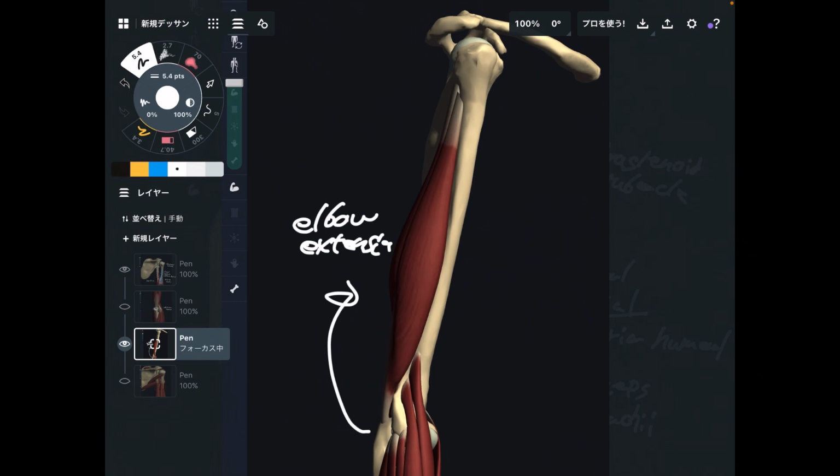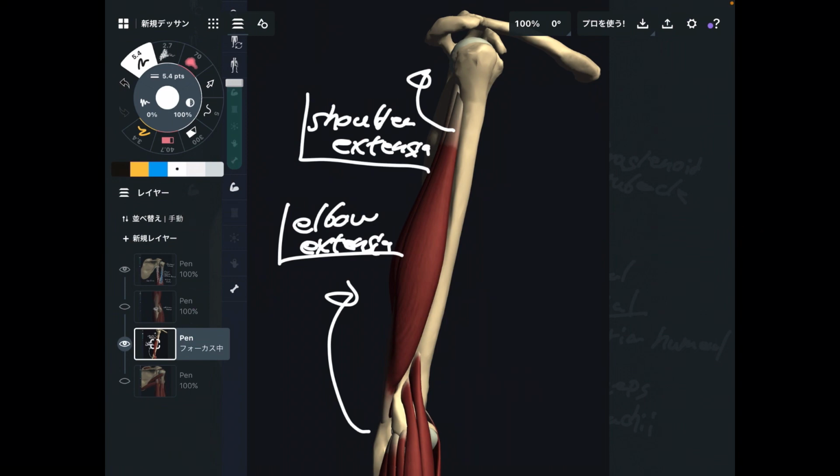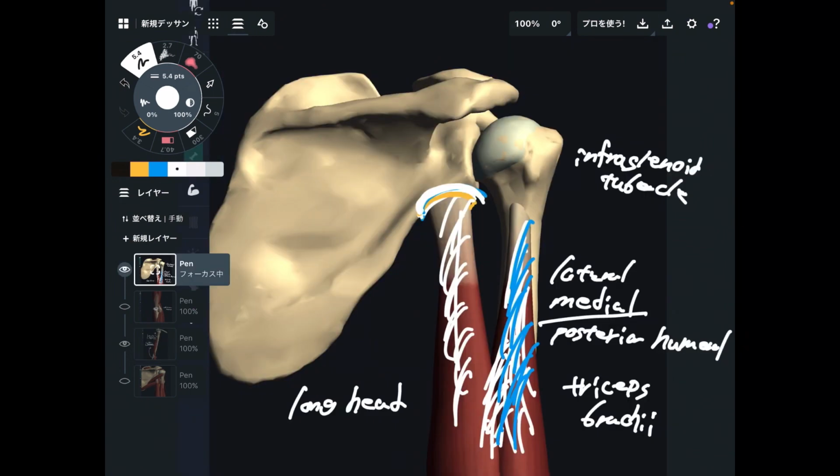The long head does two functions. The first function is shoulder extension. I was talking about elbow extension. Plus, the long head can do shoulder extension as well.